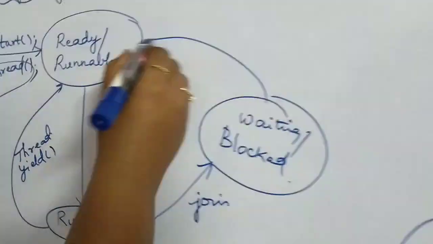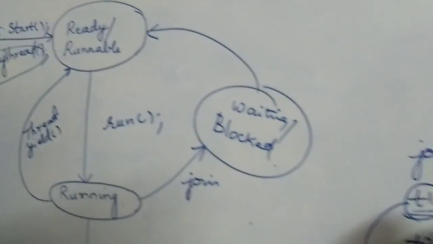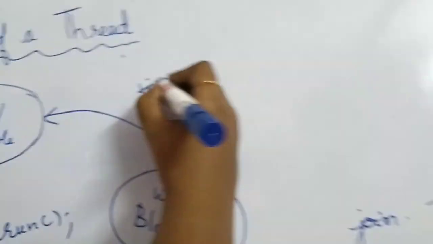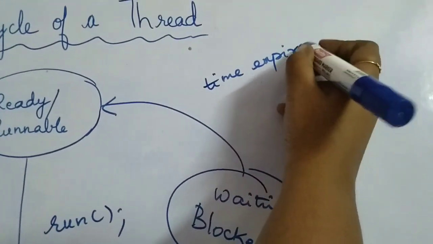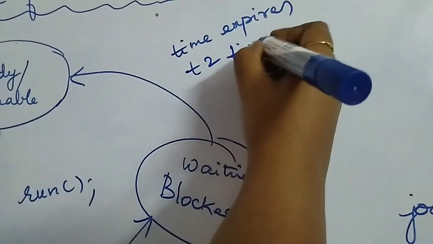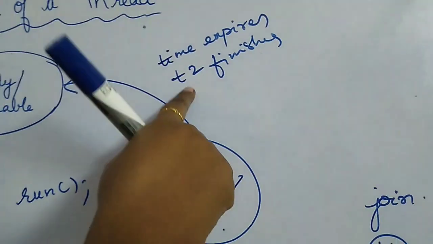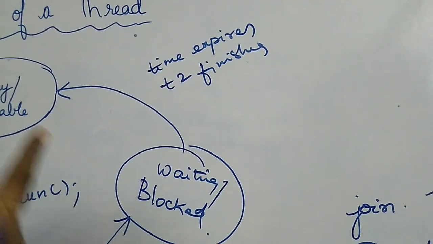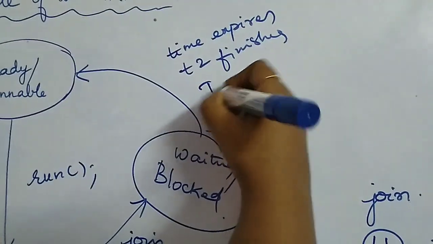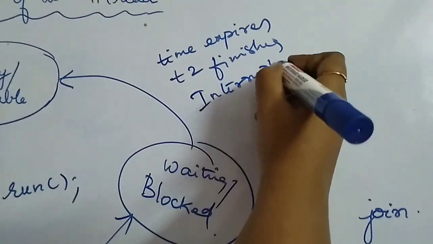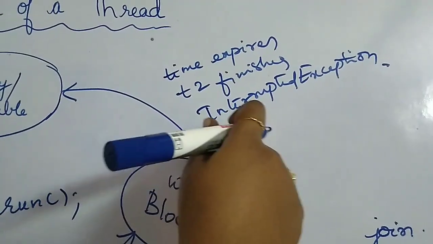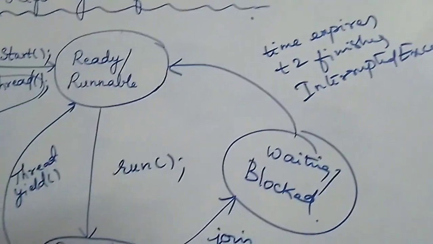It goes into the runnable state when the join time, for example milliseconds and nanoseconds, expires, or when T2 finishes, since T1 applied join on T2. In the third case, it goes into the runnable state if an InterruptedException occurs, because the join method throws InterruptedException.